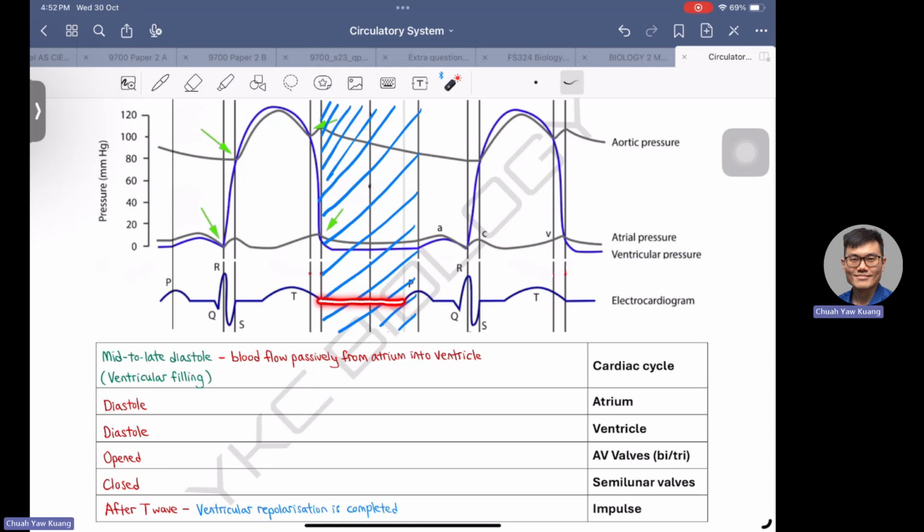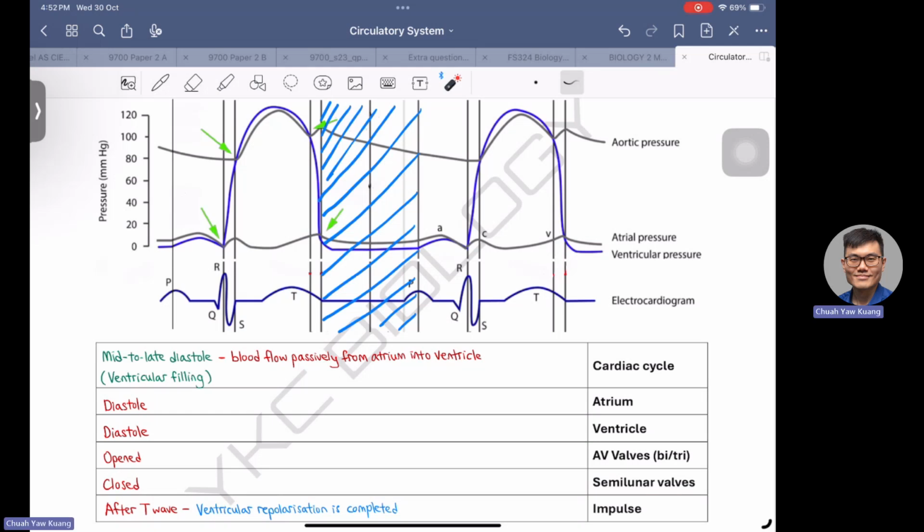This flat line after the T wave indicates that the ventricular repolarization is completed, meaning that the ventricle is now at the relaxed state. So the whole cardiac cycle will restart when there's another P wave, and that will start the whole event again and again.